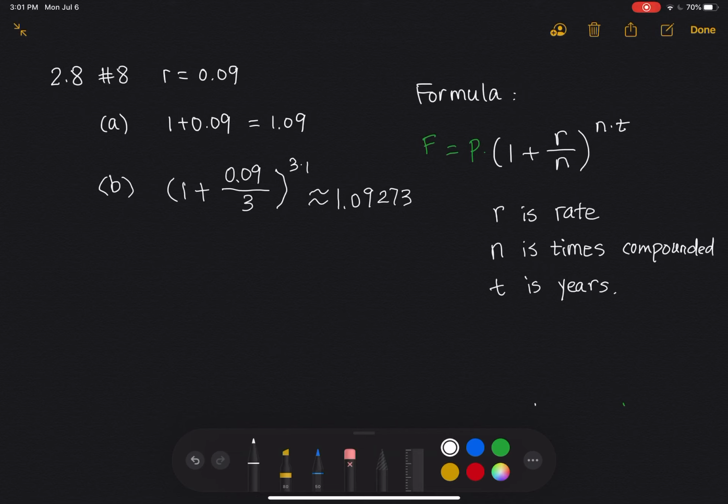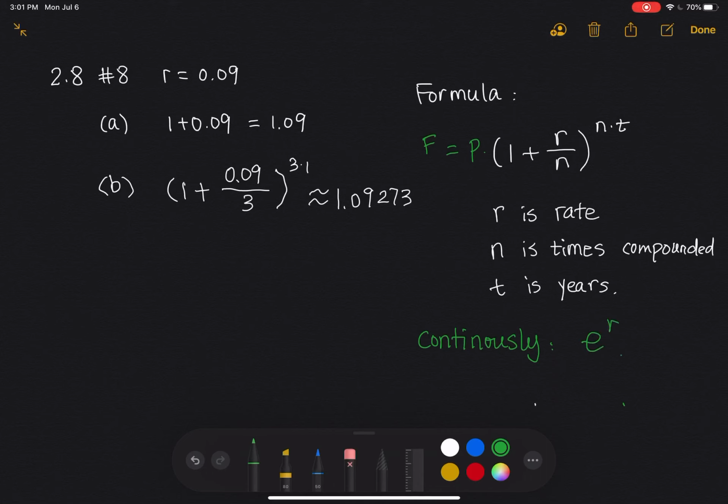Now, finally, what about when the interest is compounded continuously? Then we're going for a limit, okay? But in our growth model, in section 2.8, we don't need to calculate a limit ourselves, because it is telling us if it's continuous, that multiplier is just e to the r power.